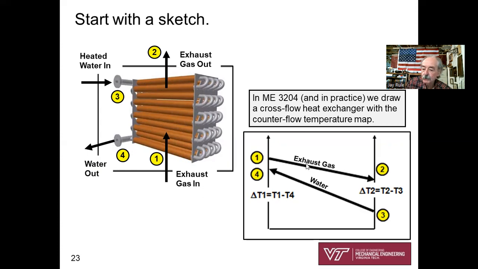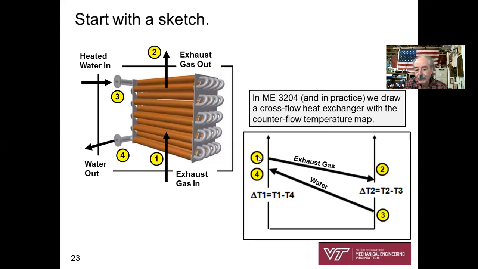And what we're going to do is draw our temperature map. Now this is cross flow. Do you see how the flow is actually in cross flow? It's not purely parallel and it's not purely counterflow. It's in between, it's cross flow. So in ME 3204, we draw this as a counterflow heat exchanger map.